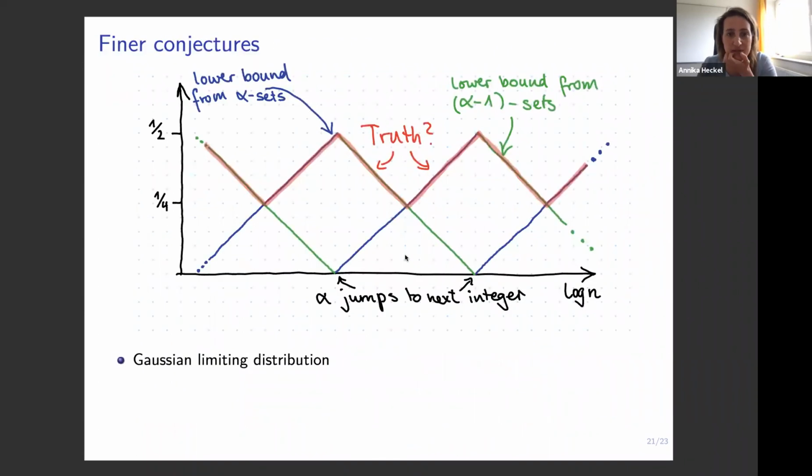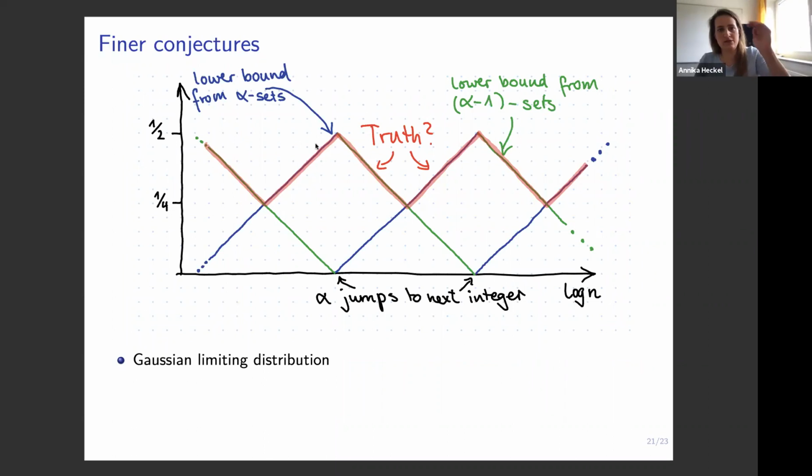Now we also make a number of finer conjectures in the paper. In particular, if you look at one of these spikes, so this line going up and going down, here the number of alpha sets is the dominating source of non-concentration. And here it's the alpha minus 1 sets, but actually that's the same number because here the independence number increases.